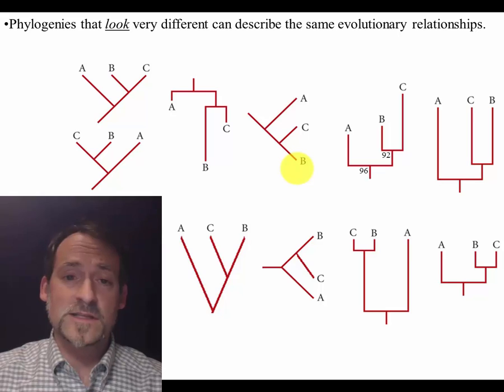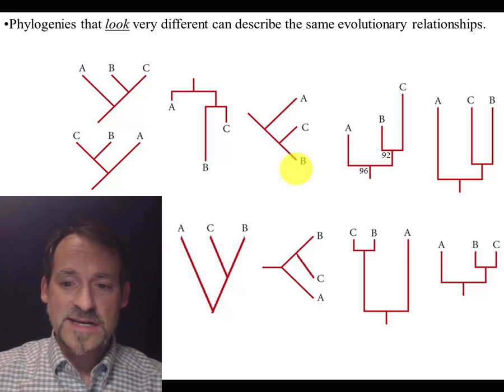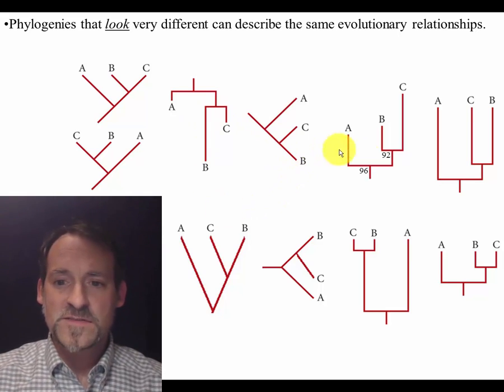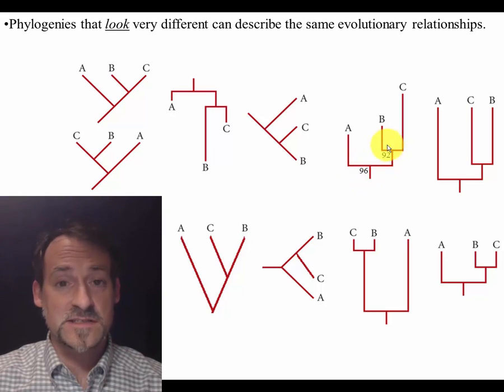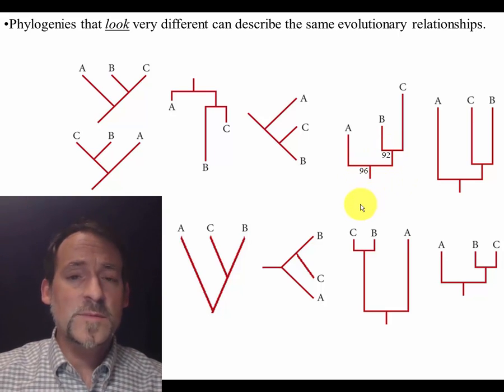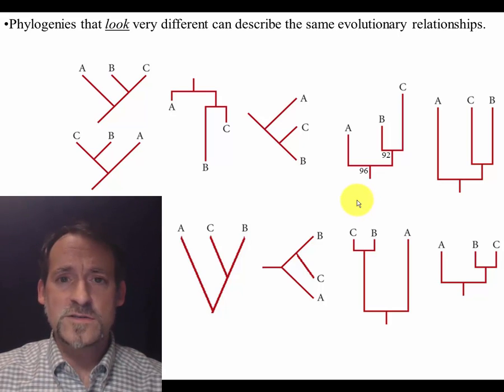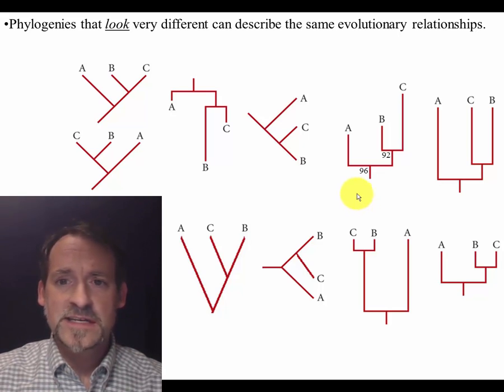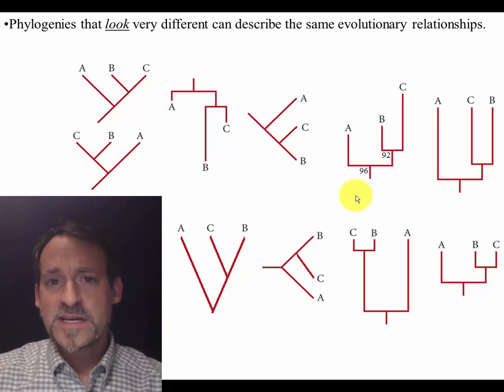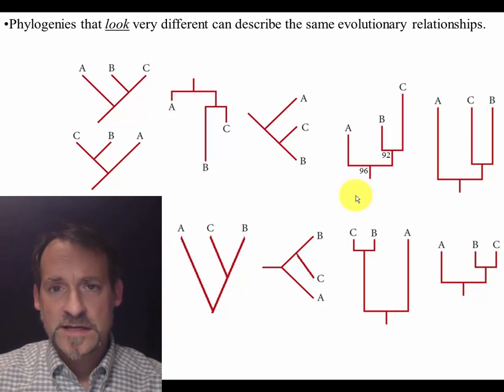Phylogenies can be drawn in a lot of different ways. And sometimes the extra pieces of information that are added to them, like say these numbers here, can be a little confusing. What you want to get used to, though, is looking at these and understanding what evolutionary relationships they convey.